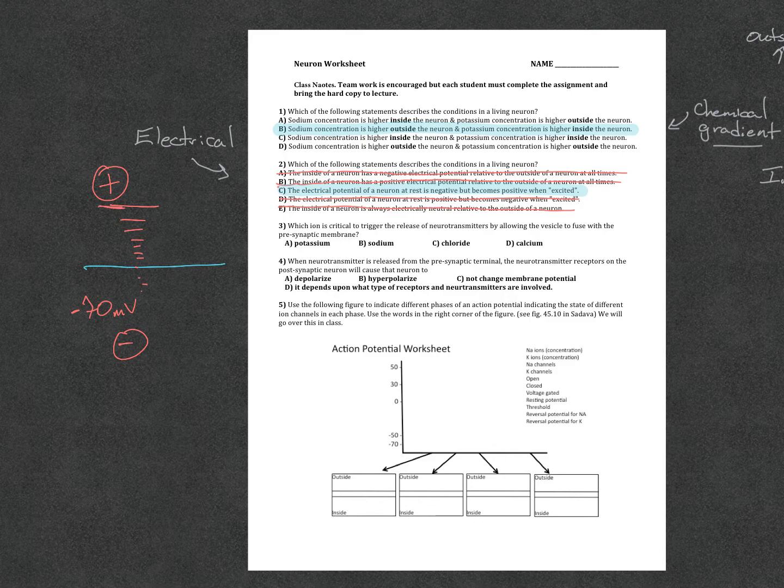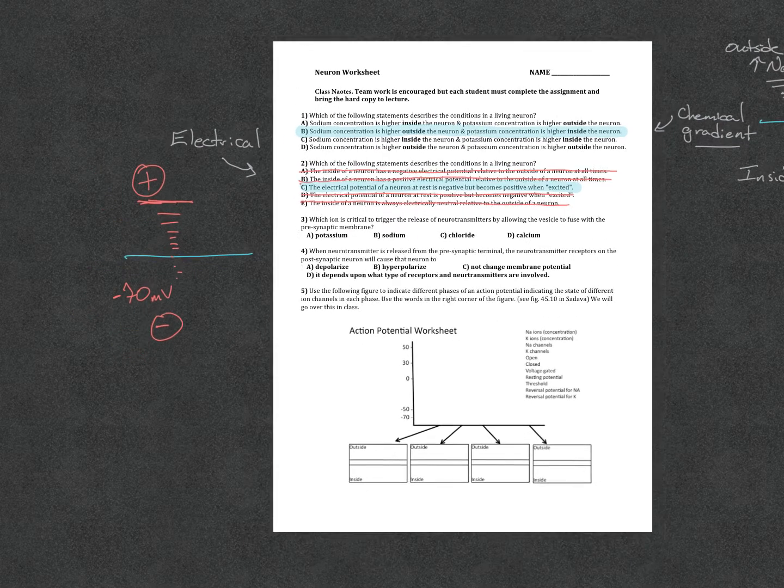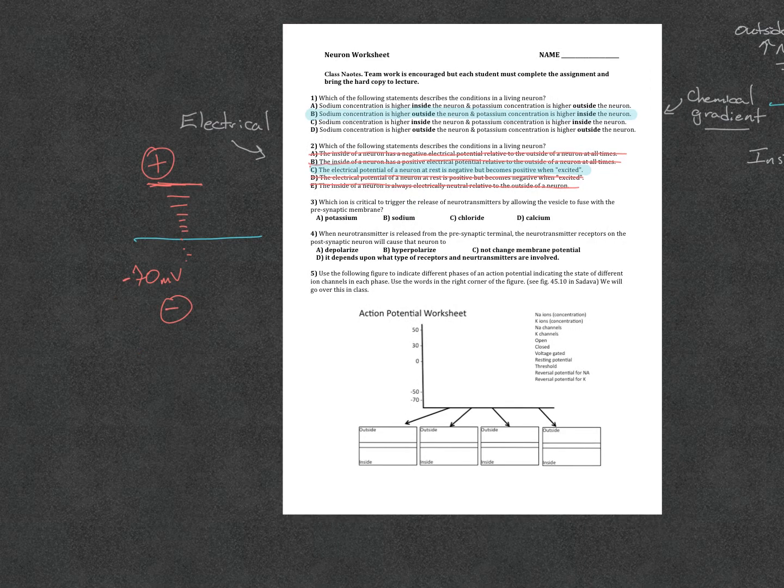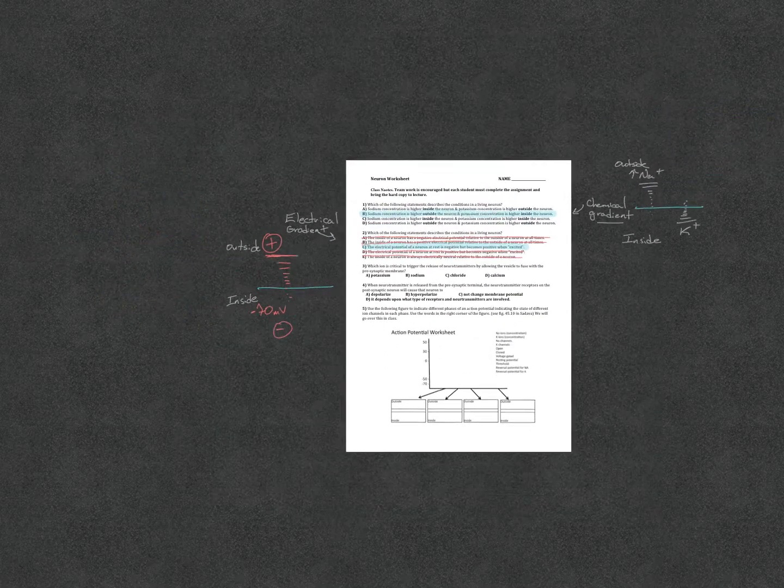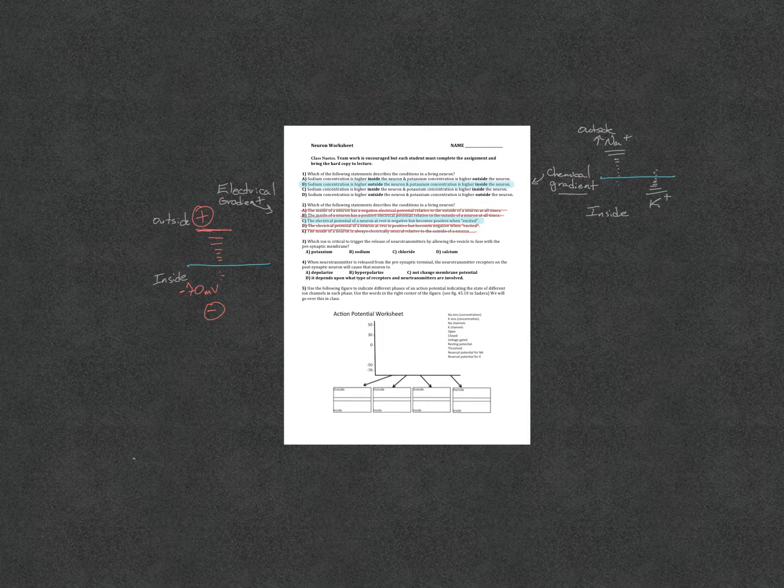A lot of positive charge on this side, a lot less on the other side, this being outside and this being inside. And this again is the electrical gradient. There are two gradients between inside and outside, electrical and chemical. That's why we call it the electrochemical gradient.